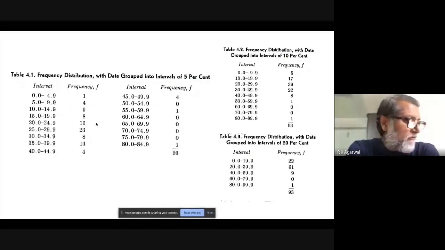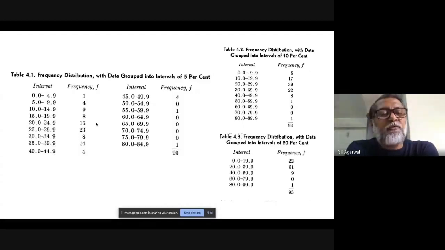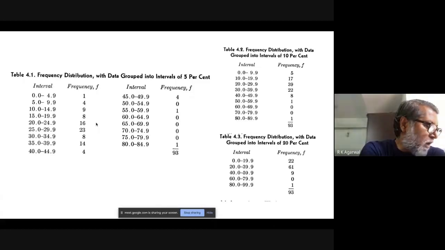Now, when you have a table like table 4.1, then count the number of classes that you have. So you have 1, 2, 3, 4, 5, 6, 7, 8, 9, 10, 11, 12, 13, 14, 15, 16, 17. You have 17 classes here.